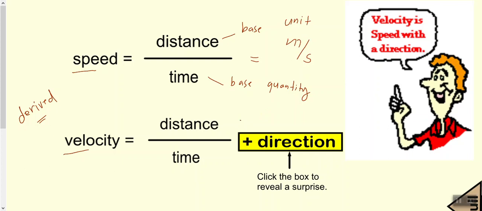The unit for velocity would be meter per second, going left. So we will always add direction. And that is about scalar and vector quantities. Do not forget to complete your paper and turn it in when you are done.